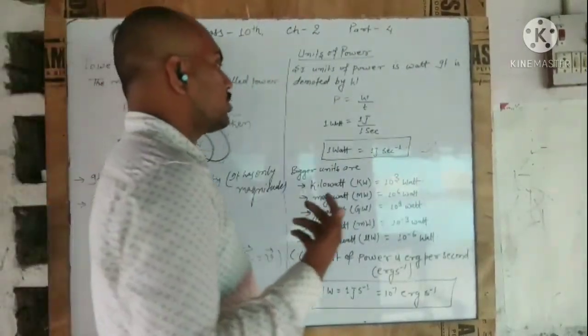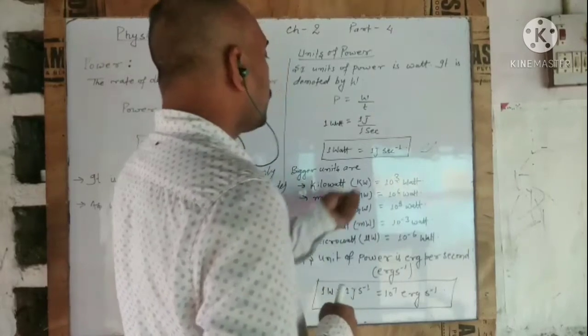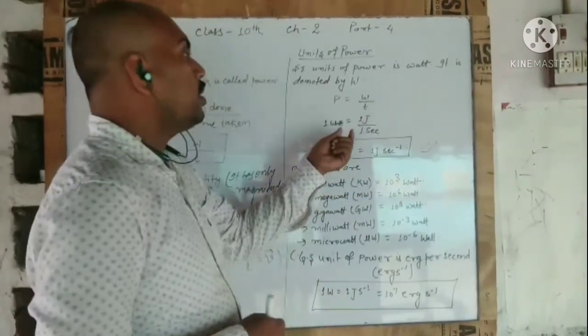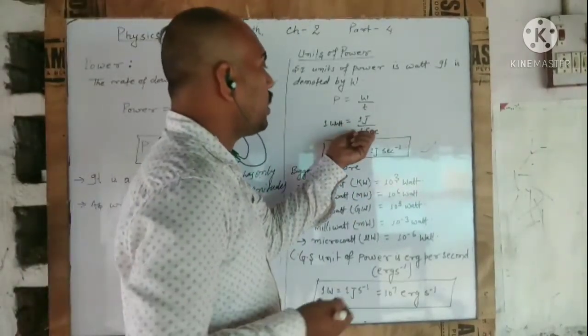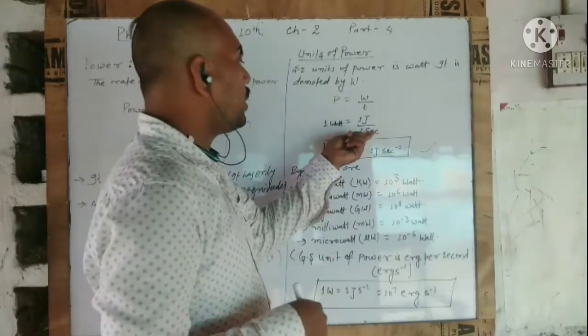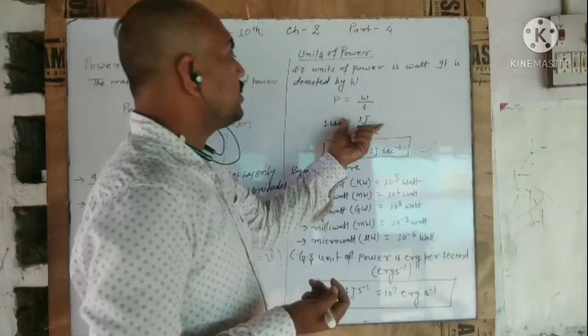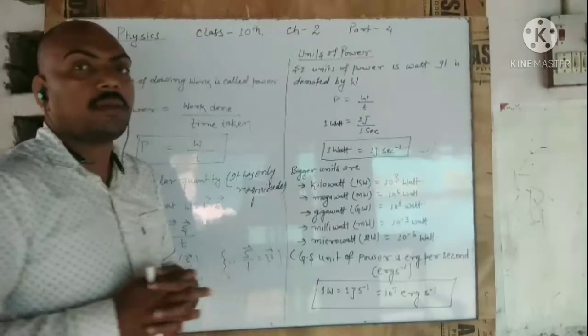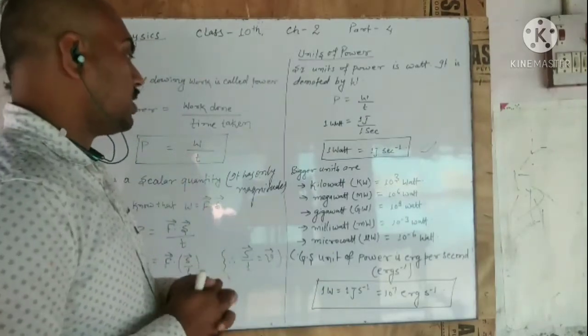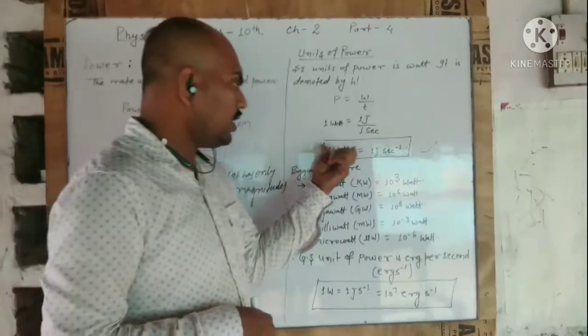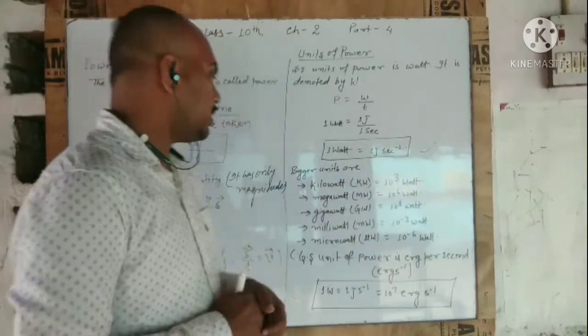When a source or any body does 1 joule of work in 1 second, it means that it has a power of 1 watt. So 1 watt is 1 joule per second.